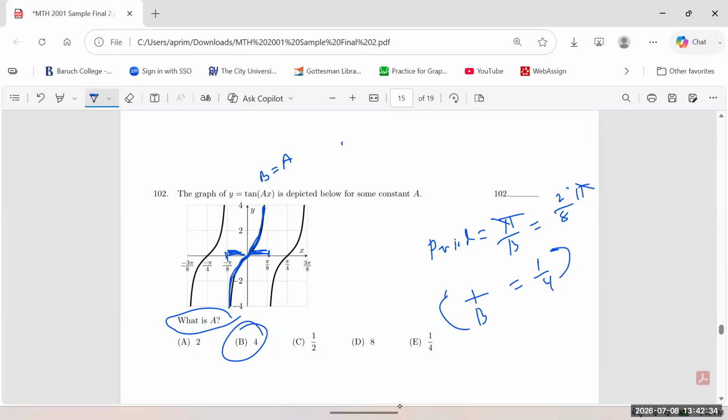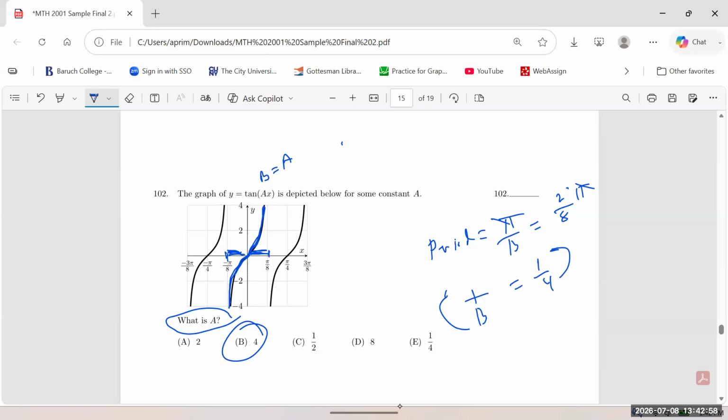We just look at one cycle. In class we did sine and cosine, we looked at one cycle. We did the same thing for tangent. Whichever graph is given, it doesn't matter, we look at one cycle. So this cubic function takes how much space?